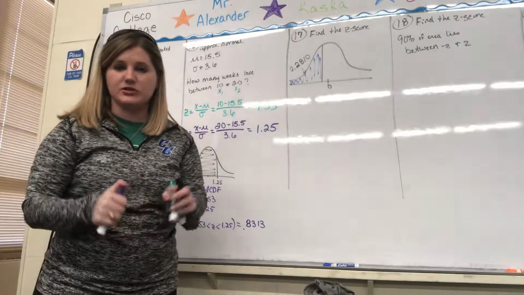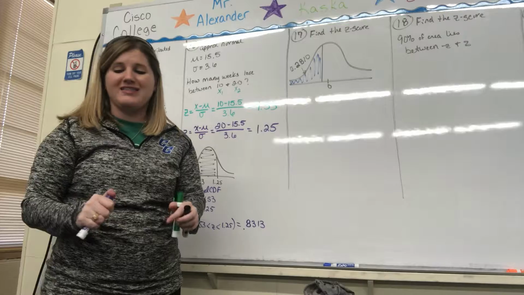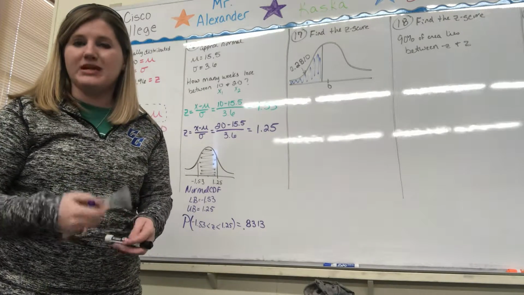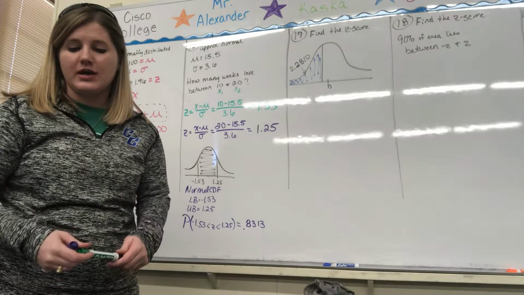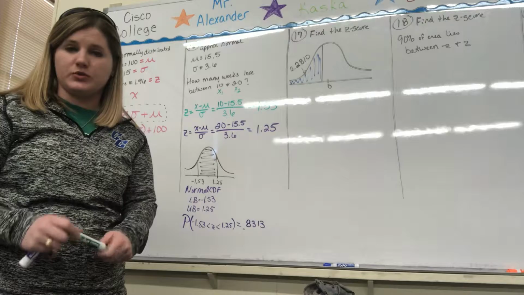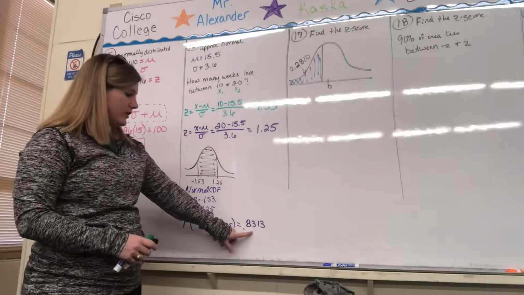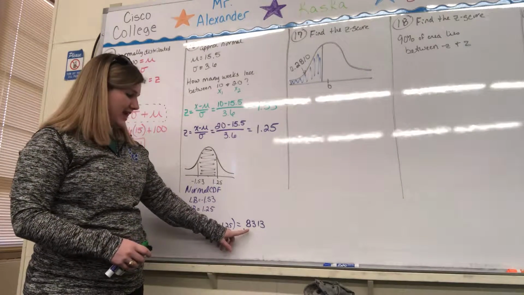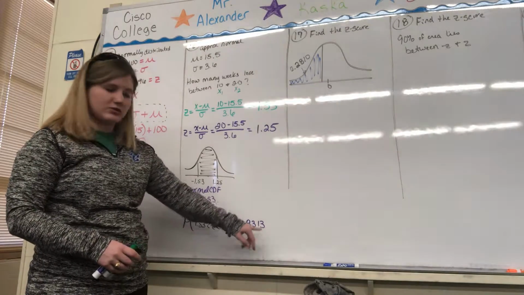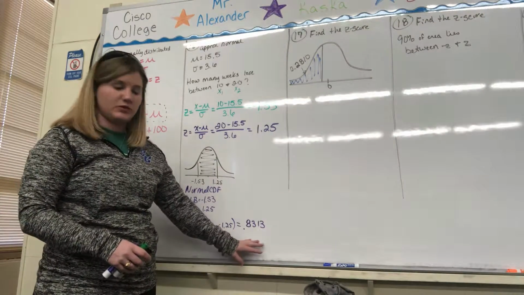Now that just tells us the probability. The question is asking us how many weeks in a year would we expect to lose between 10 and 20 suitcases. So we know that we have a probability of 83.13%, or 0.8313 if we leave it as the decimal.